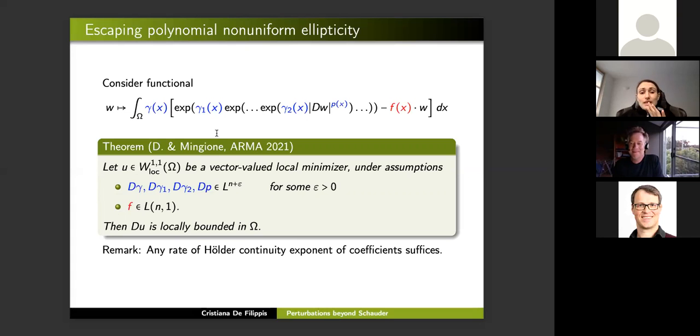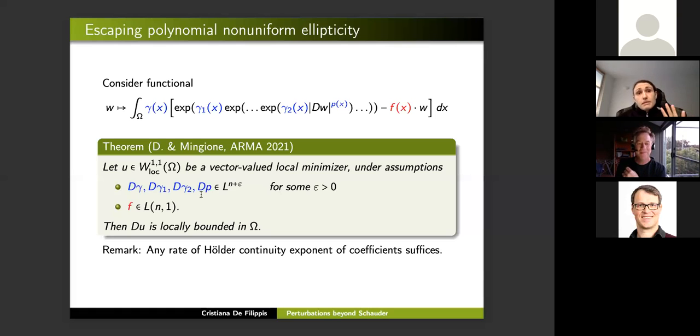What I would like to stress here is that the fact that the gradient of coefficients belongs to Ln+ε means that coefficients are Hölder continuous. But in sharp contrast with what happens in the case of functions with p,q growth, or just think of the double phase for simplicity, here any rate of Hölder continuity suffices.